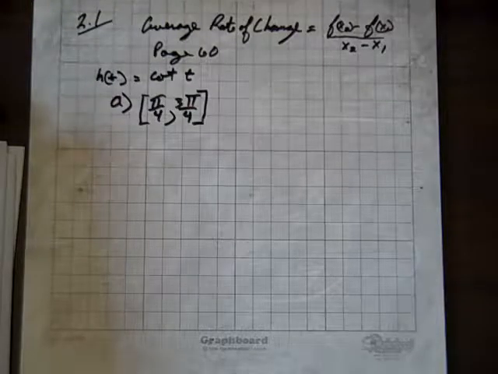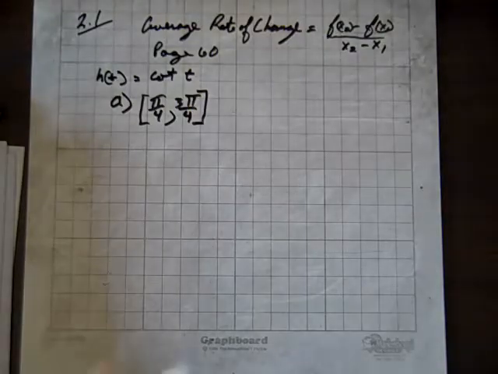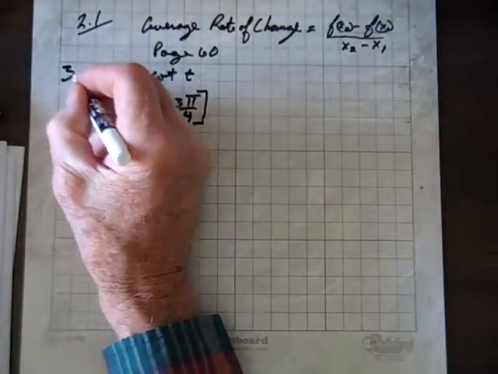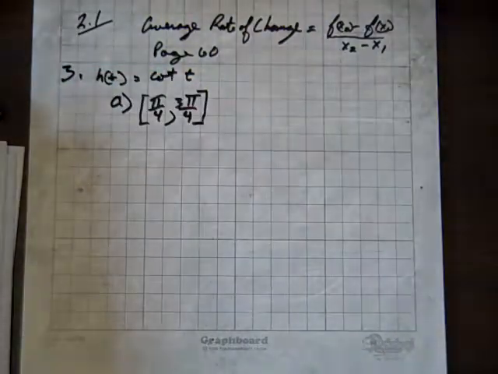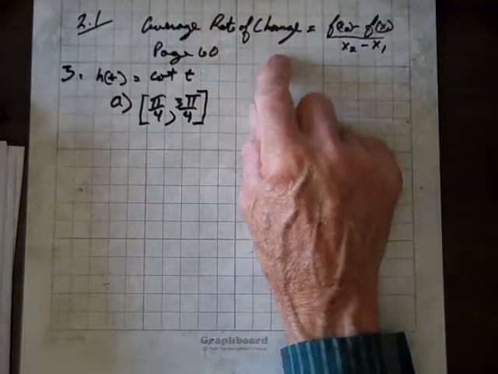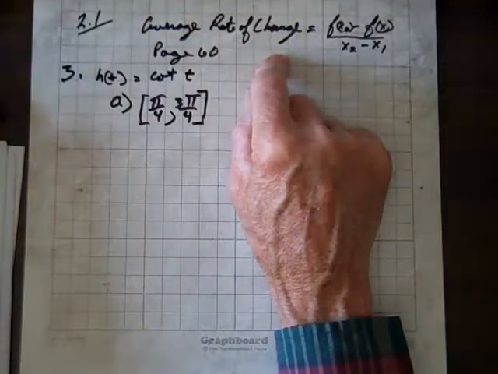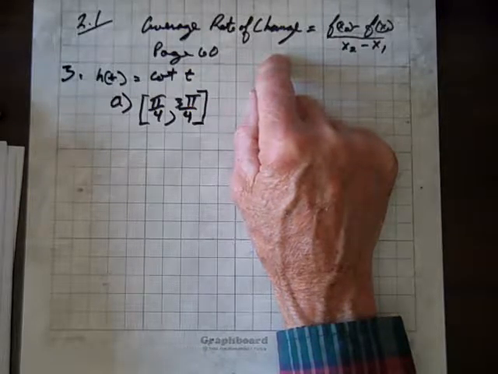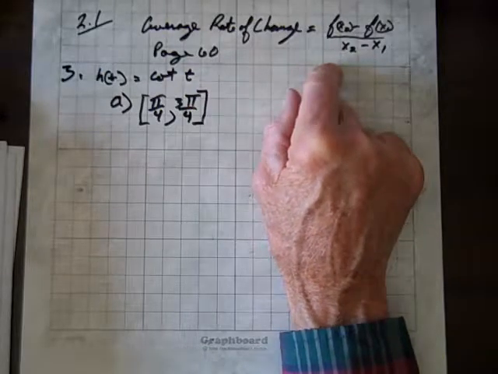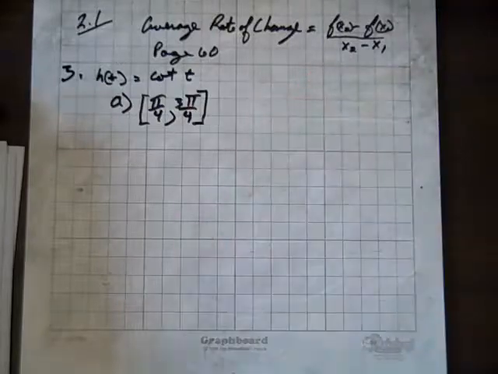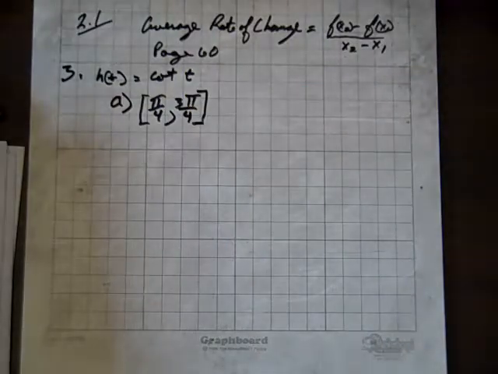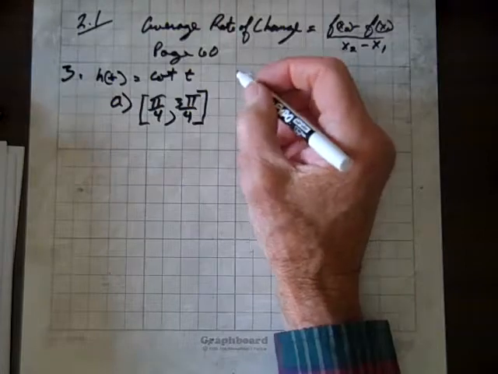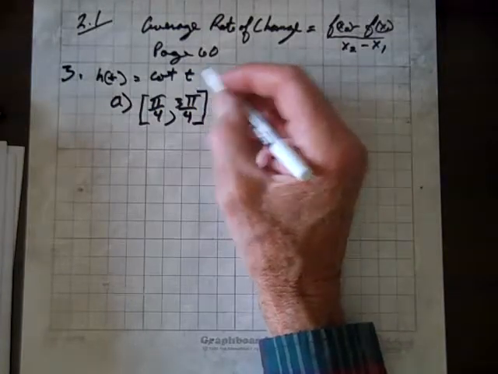Okay, now we're doing question 3 on section 2-1, and we're finding the average rate of change. The average rate of change is simply the formula for slope.